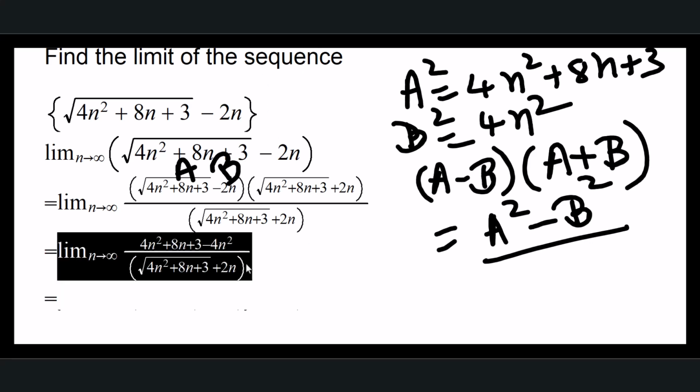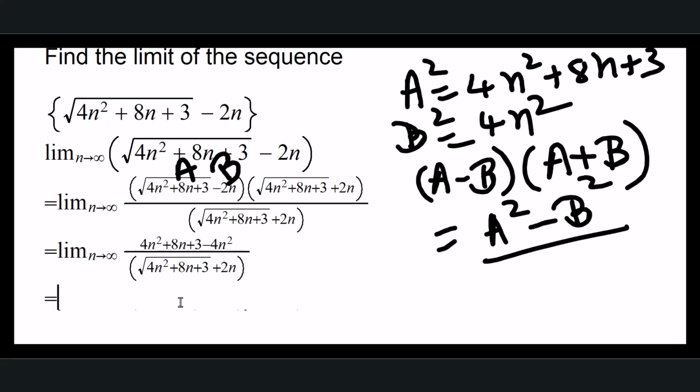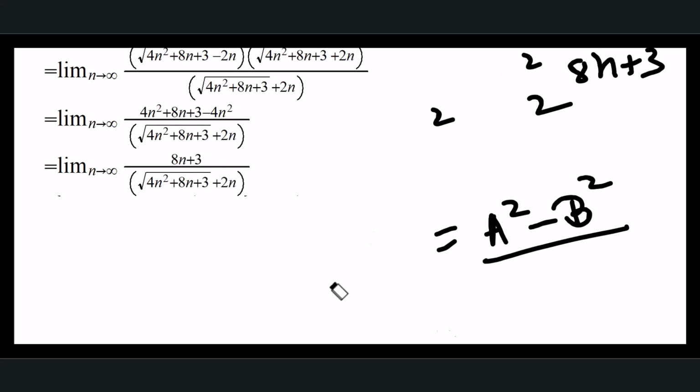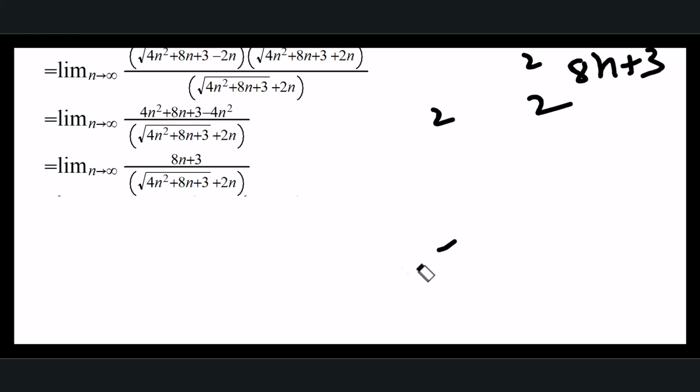The 4n squares will cancel. So let's cancel those. This is out, and then this is out, and then we got this. Let me first go ahead and erase this. All right, so this is all gone. We don't need this anymore.